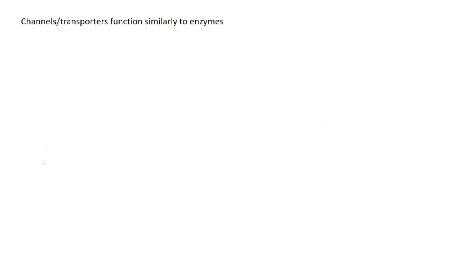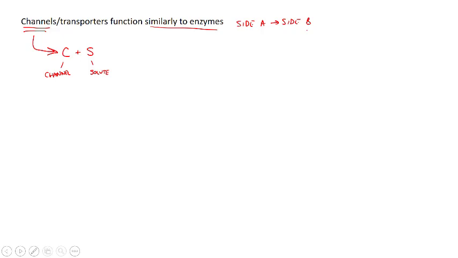All right, so channels especially, obviously transporters, but channels even by themselves, they function very similarly to enzymes, and that's what I wanted to conclude this lecture with: the idea that a channel, C, plus some sort of a solute, S, where we'll say that we're going to move from side A to side B, these proteins behave very similarly to enzymes, right?